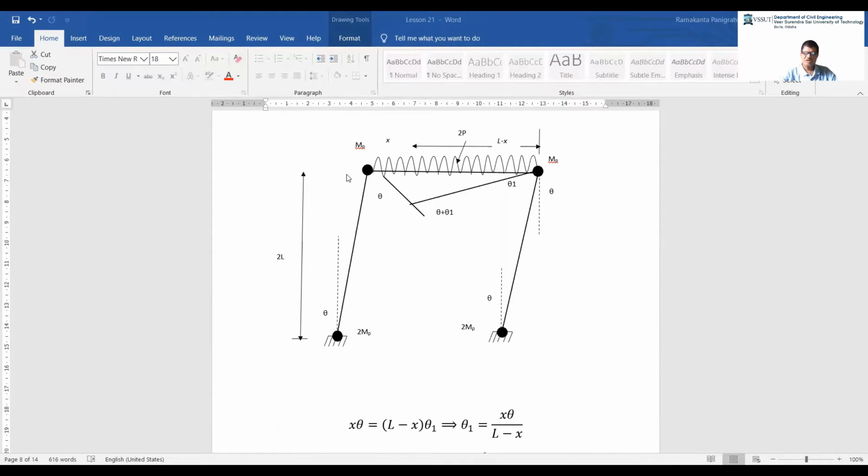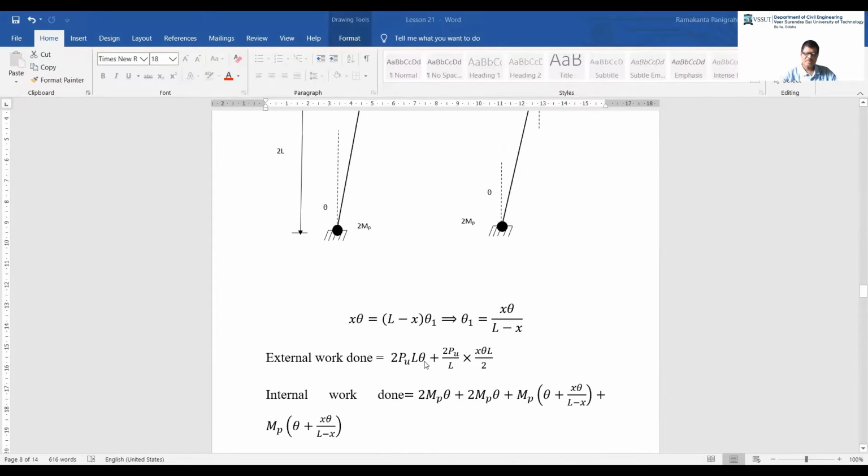So P multiplied with 2L theta is the external work done. And due to this UDL, the UDL is equal to total load divided by the span, Q by L, into, in terms of theta, the delta is equal to x theta L by 2. So x theta L by 2, that we can take as the value.